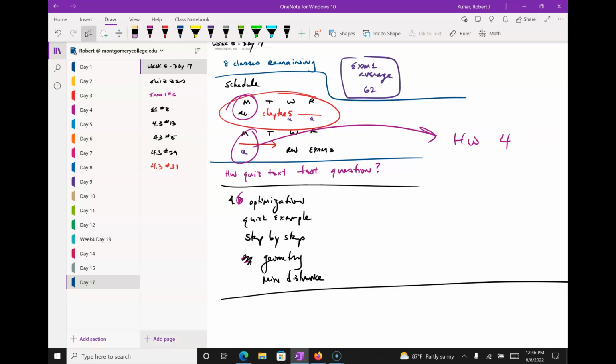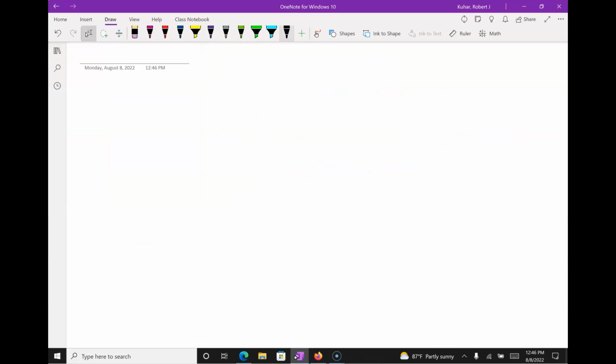All right, here we go. 4.6, optimization. If you have a business, what do you want to maximize? Profit, right? So we're thinking about, let's say you're making clothes, right?